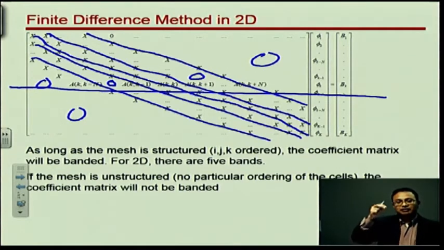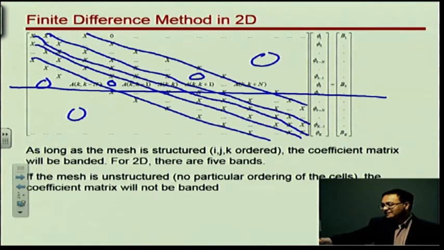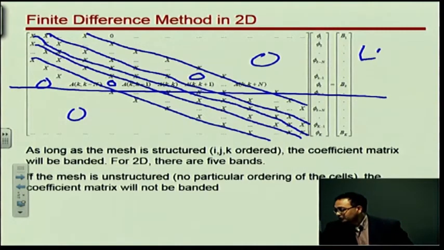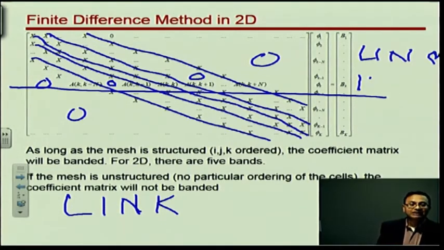Because the others are all zeros, that means this node is not talking to, not communicating with, any other node. Okay? That's what these mean. So that's why these coefficients in the matrix are often called link coefficients. Let me write it here one more time. They are called link coefficients.